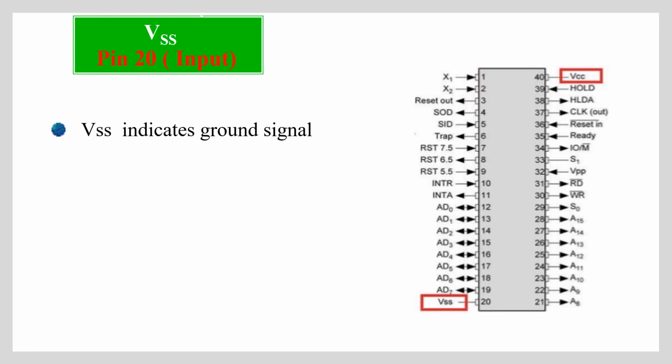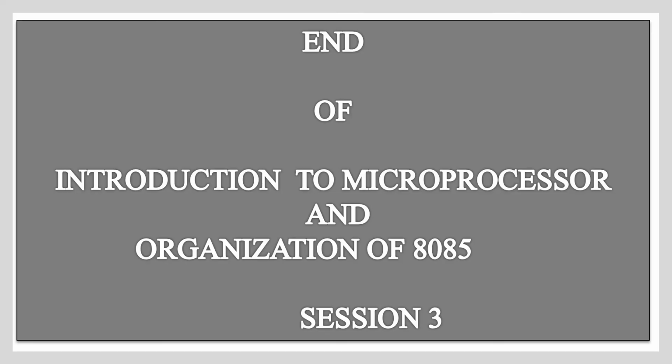Clear? So let us summarize what we have seen in today's session. In today's session, we have seen hardware interrupts in detail, the explanation of each hardware interrupt, that is TRAP, RST 7.5, RST 6.5, 5.5, INTR, and interrupt acknowledgement, which is an active low signal.